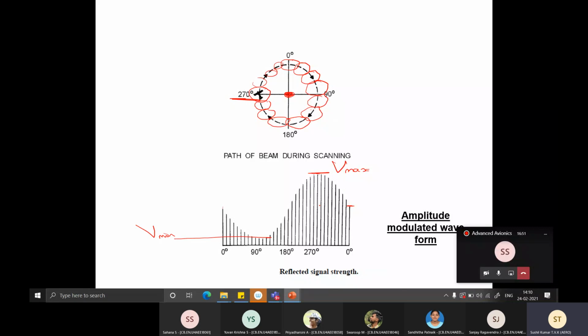Now, once you have this information, then you can feed it to a control system so that the axis gets shifted in this direction. Or even if you don't shift the axis, at least you know that the aircraft is left of you. It can be any direction; in this case, it's simple.